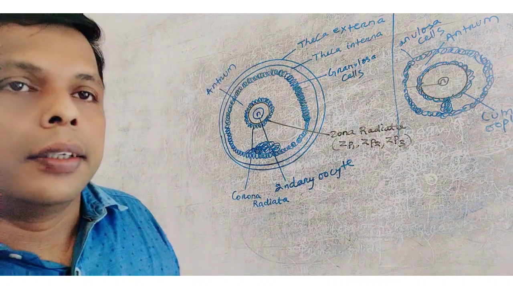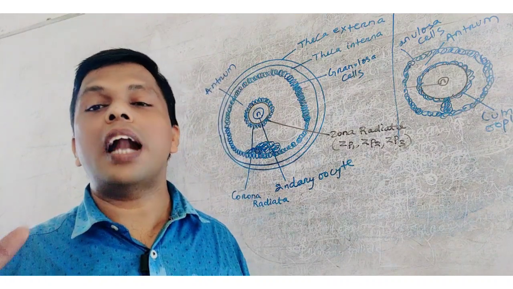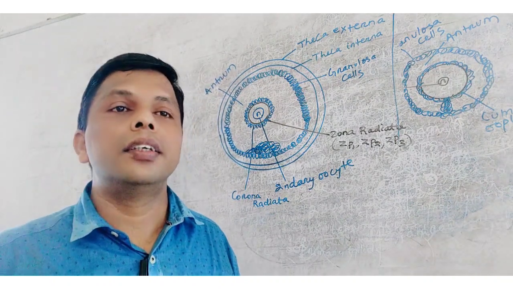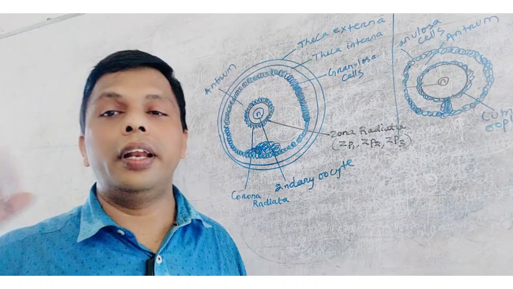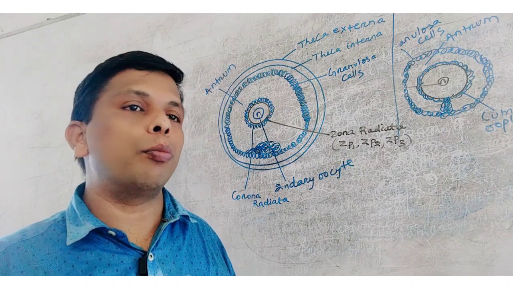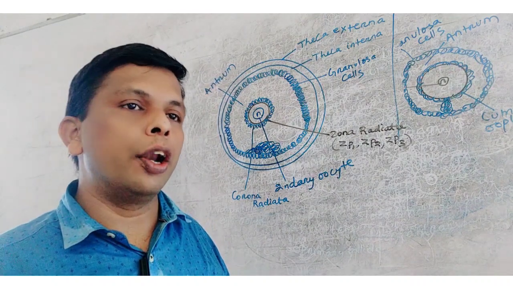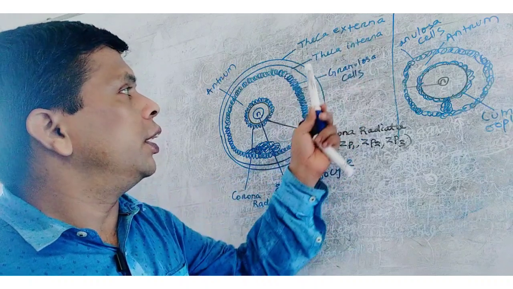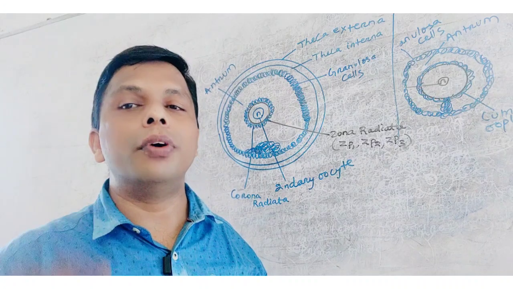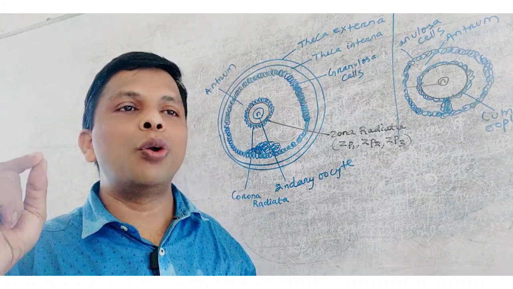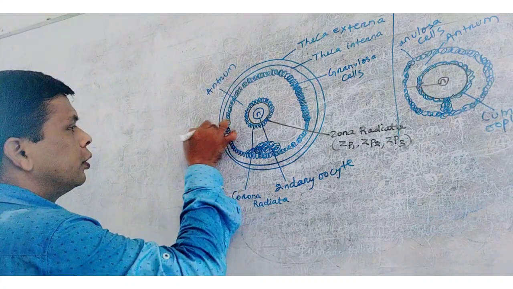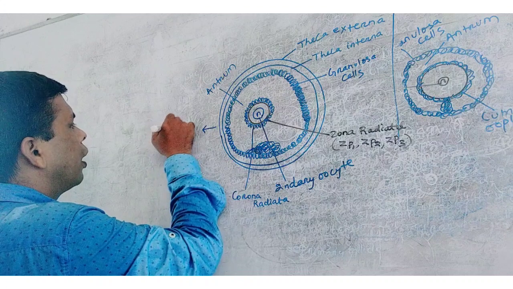What happens after 13 days? After 13 days, just prior to ovulation, the release of the ovum, the luteinizing hormone converts the theca interna into theca luteum.